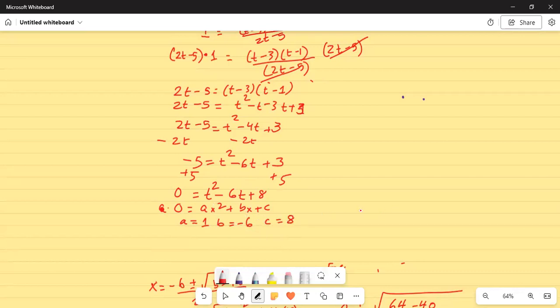So what are the two factors of 8? So a times c is equal to 8 times 1 is 8. Factors of 8 is minus 2 times minus 4. And also when minus 2 and minus 4 are added together, we get minus 6, which is equal to b.